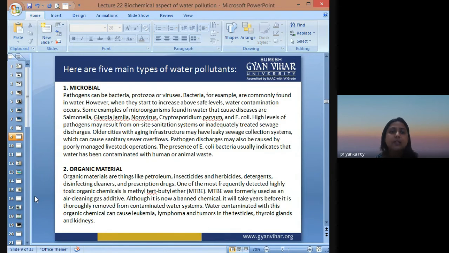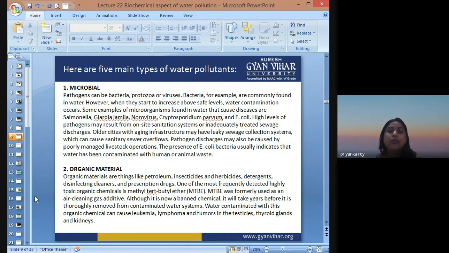So the pathogens present in water, like bacteria, protozoa and viruses, are very common in water bodies, and whenever there is an increase in these beyond the safe level, it is called water contamination.